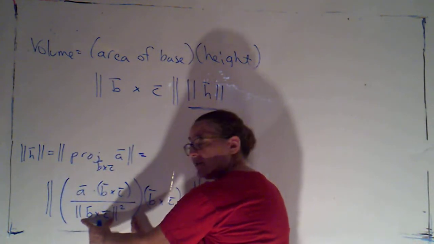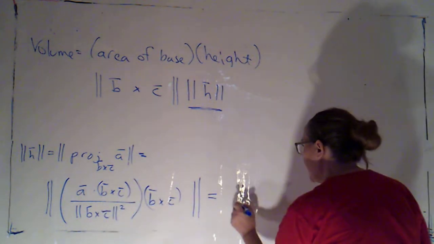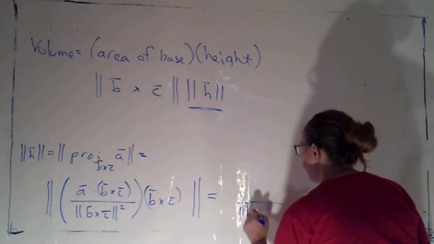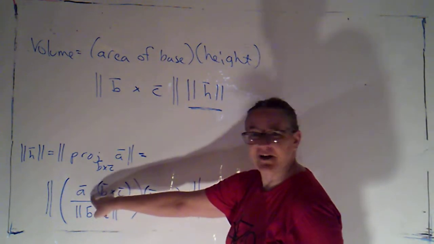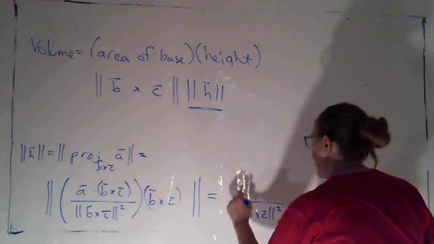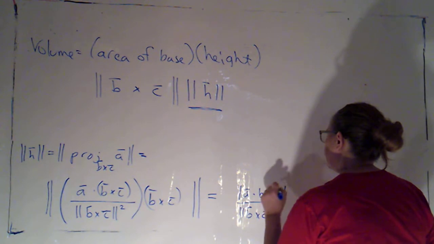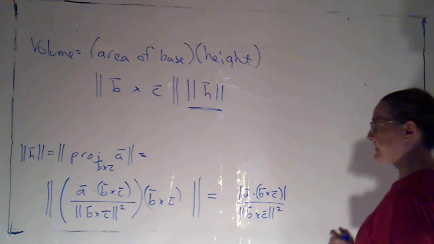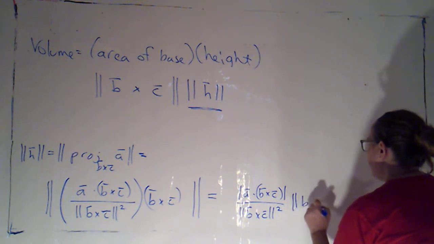The denominator is the magnitude of B cross C squared, so that's already positive. The numerator is this dot product. I don't know whether that's positive or negative, so I'm going to have to put that one in absolute values. And then I multiply that by the magnitude of B cross C.